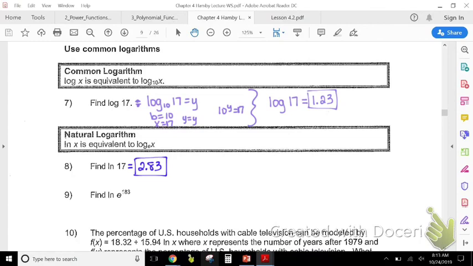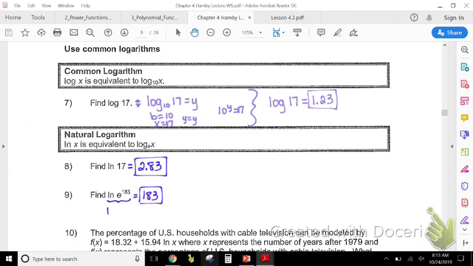And what about 9? 9 says find the natural log of e to the 183. Yeah, it's 183. We could have worked that one out by hand as well, because this is the natural log, which is log base e. So let me rewrite this.